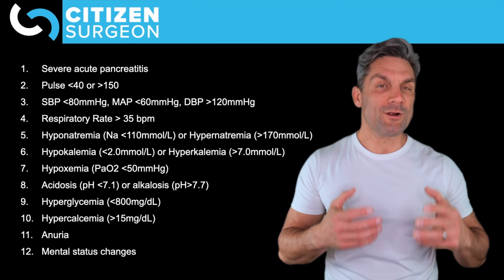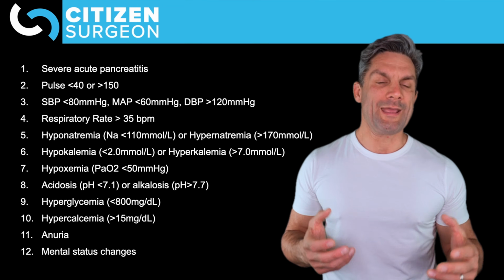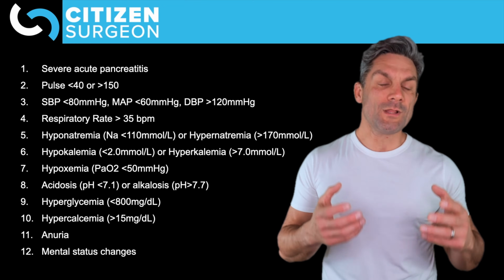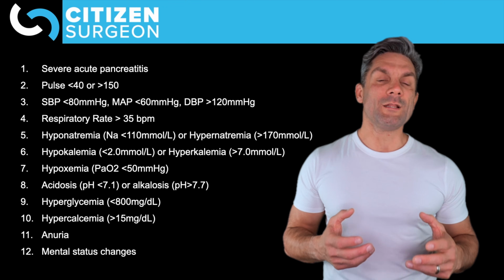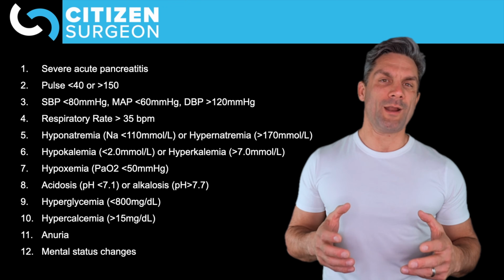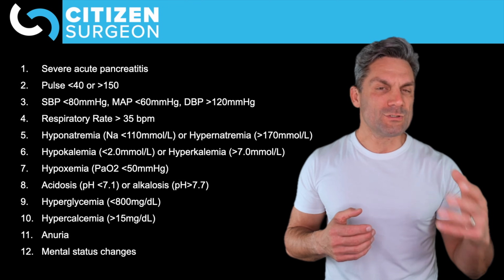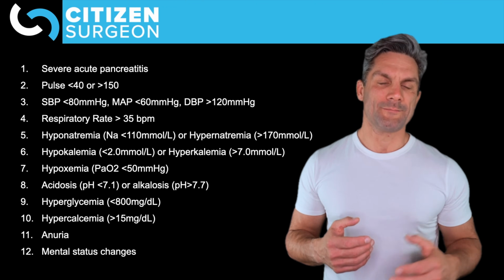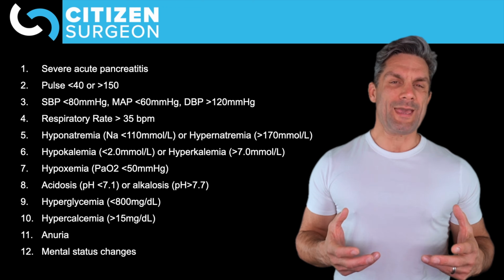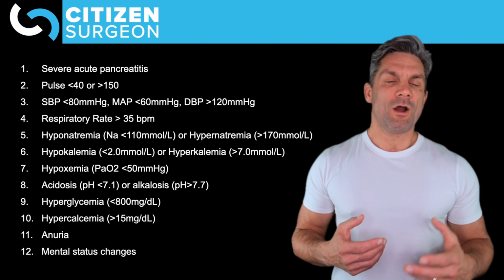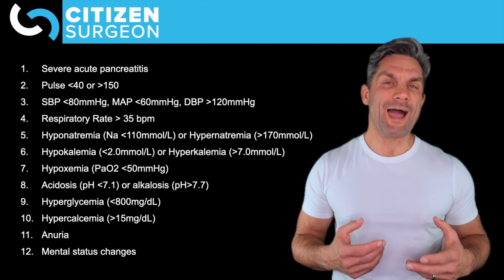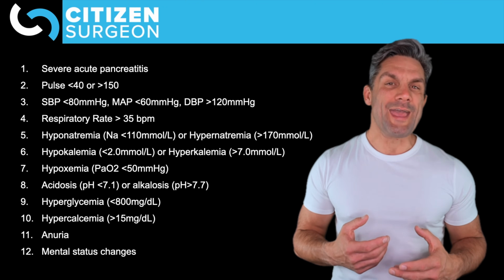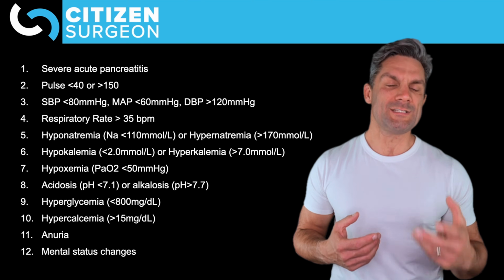So we've got to look at their heart rate, their respiratory rate, their mean arterial blood pressure. We want to look at laboratory parameters. So are they hyponatremic? Are they hypokalemic? Do they have hypoxemia? Are they acidotic? Are they hyperglycemic or hypercalcemic? Do they have anuria or mental status changes?